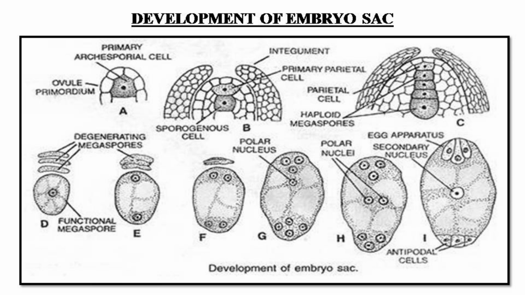So, out of the 4 megaspores, the 3 upper megaspores at the micropylar end degenerate and disappear. The remaining one of the tetrad at the chalazal end becomes the functional megaspore. It enlarges and develops into female gametophyte or the embryo sac.